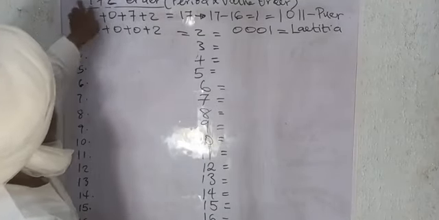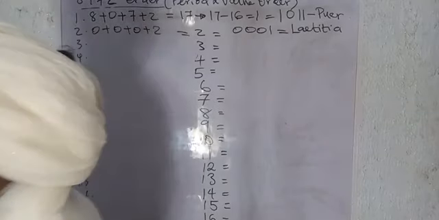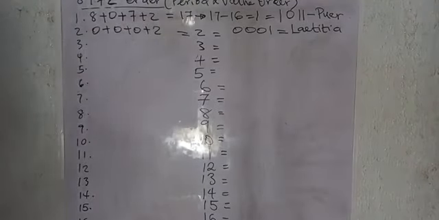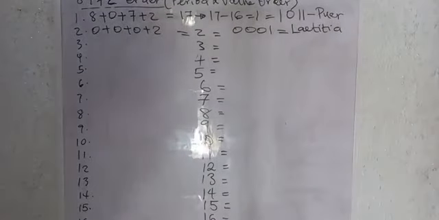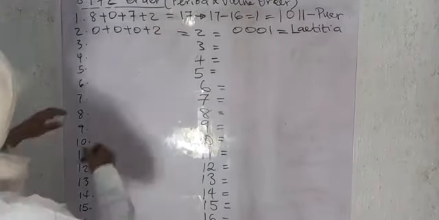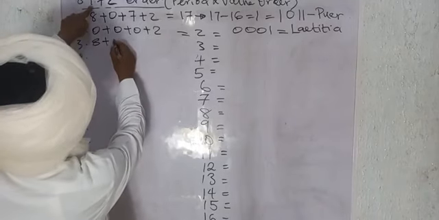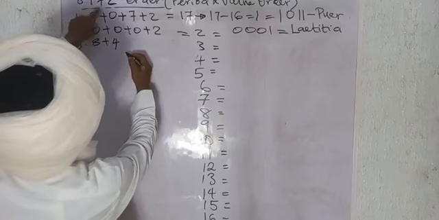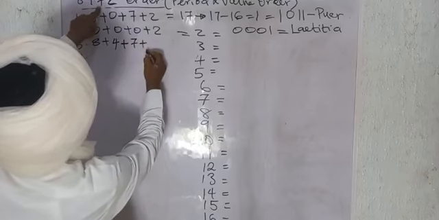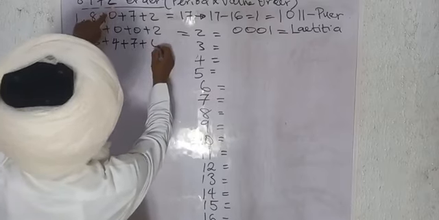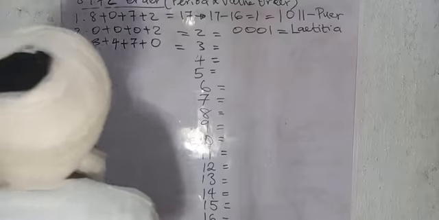So what numbers can we add here to get 19? 8, 7, 4. Thank you, brother Oladikuko. 8, 7, 4. So we had 8. Add 4 to it. That is 12. 12 plus 7. 19. So we zero this place. So what we have here is 19.